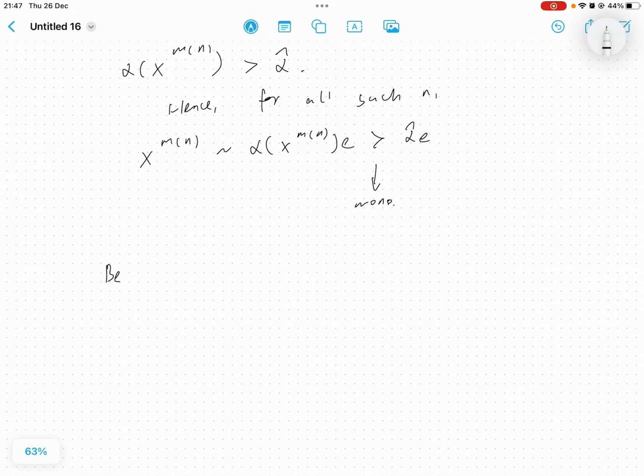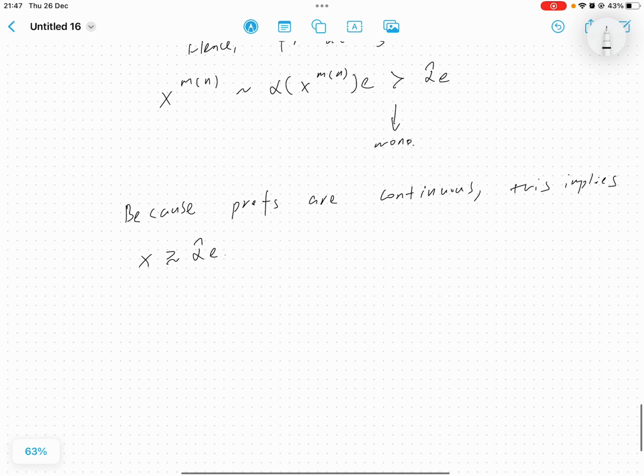Okay. And because the preferences, this is the starting point, right? Because the preferences are continuous. Okay. So the above implies that x is weakly preferred to alpha prime e. Okay?